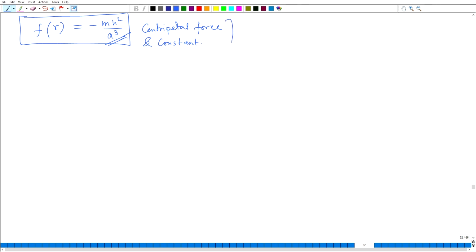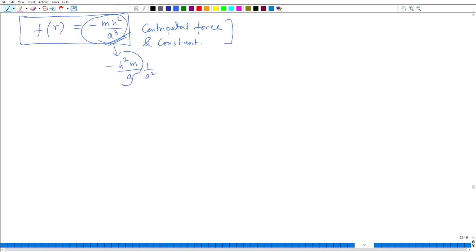Now, here there is a trick. Actually, you can also think of this whole expression as minus h² m by a times 1 by a².